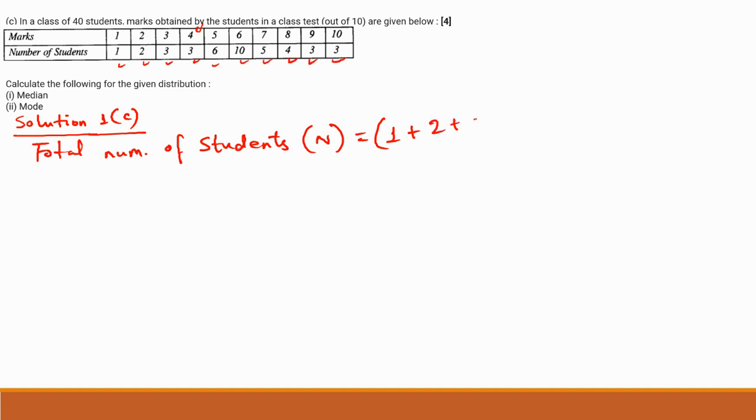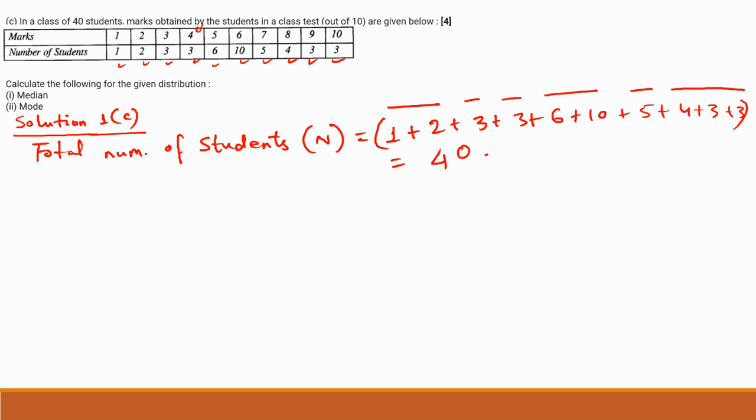So 1 plus 2 plus 3 plus 3 plus 6 plus 10 plus 5 plus 4 plus 3 plus 3, right? So it's like 3, 6, 9. This is 16. So 9 plus 16 is 25, 30. 30 plus 10 is 40. So the total number of students is 40. Okay.